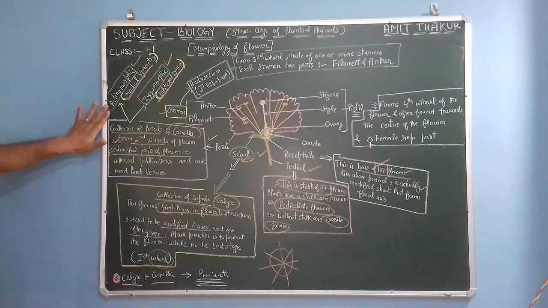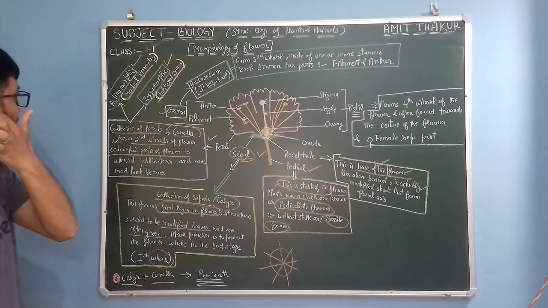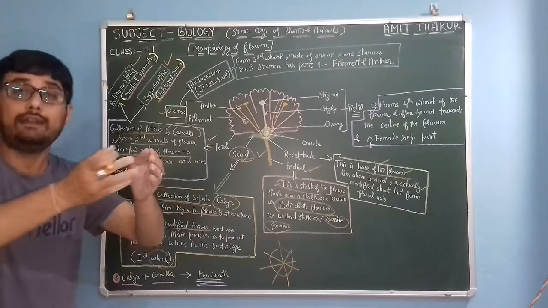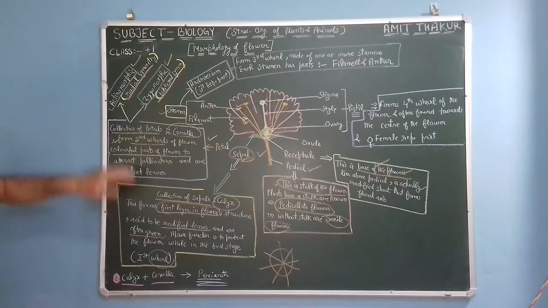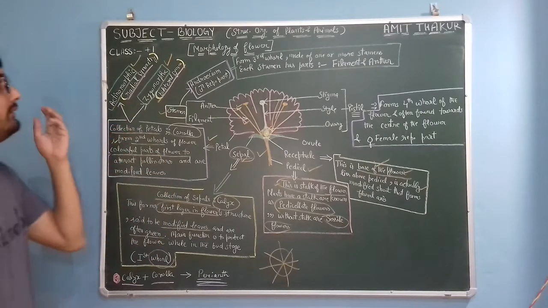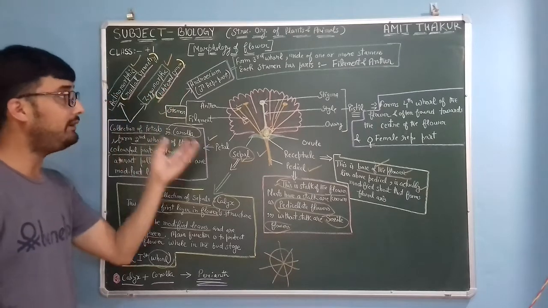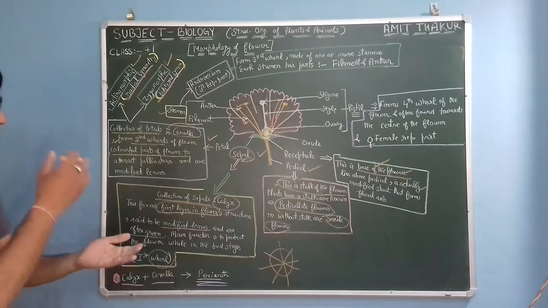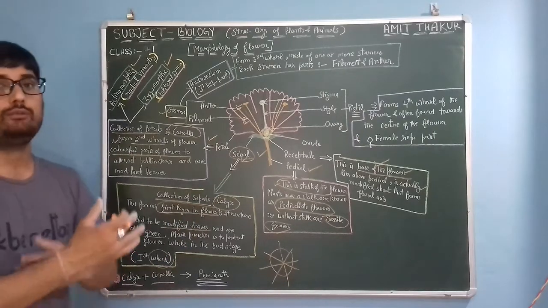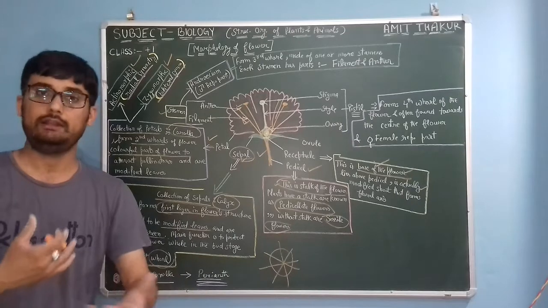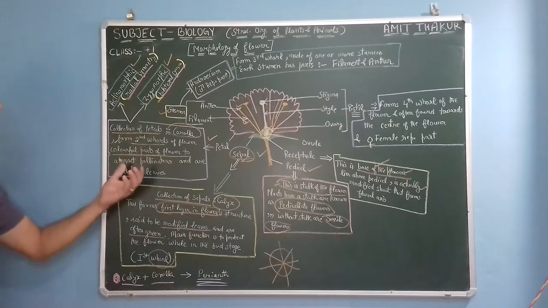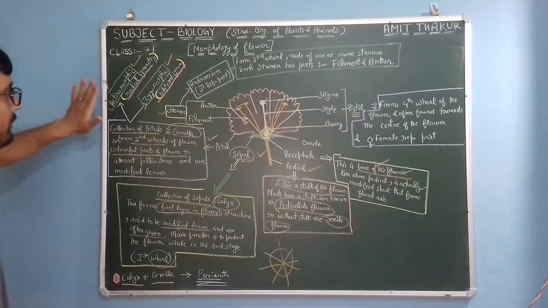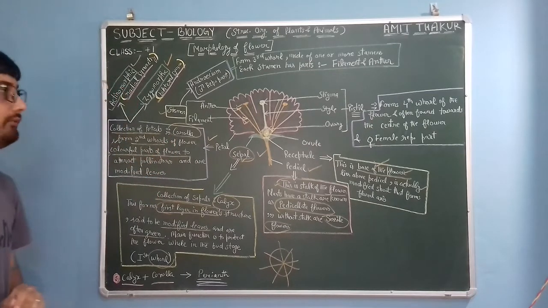So actinomorphic flowers have radial symmetry, or you can say the arrangement of petals in a radial manner. Zygomorphic flowers have bilateral symmetry, or you can say irregular symmetry. जब हम इसको dissect करेंगे, काटेंगे, तो वो equal parts में divide नहीं हो पाएगा, नहीं कटेगा. Okay, so on the basis of the arrangement of petals, flowers can either be actinomorphic or zygomorphic.